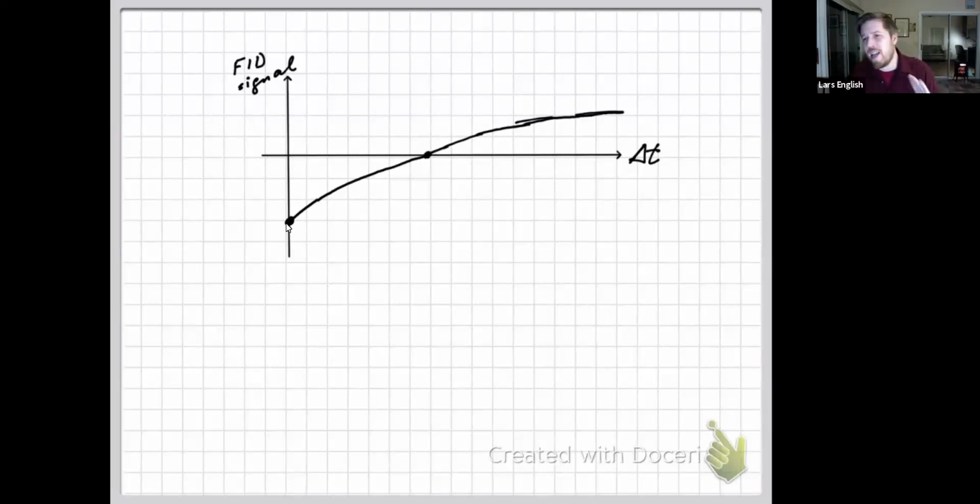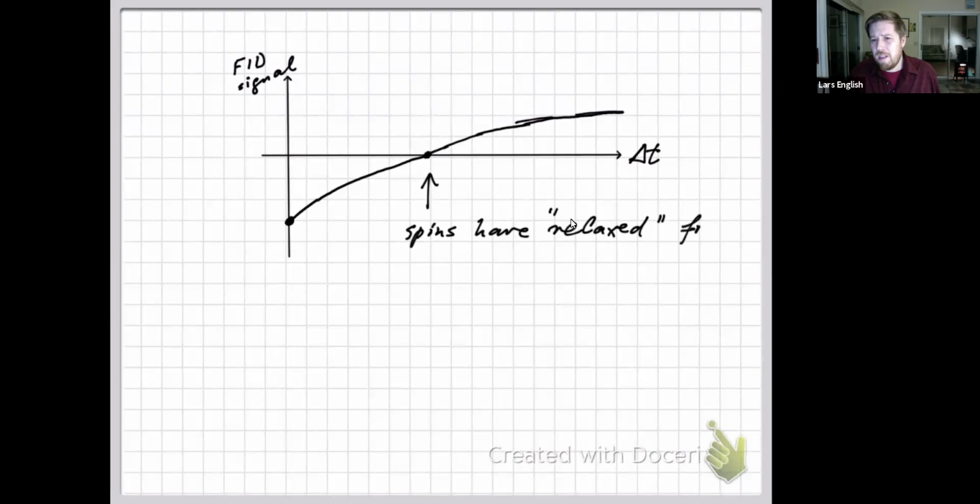This signal I can count negative and positive depending on what the phase of the signal is, but that's a minor detail. We'd expect a fairly strong signal here, but then as we increase that temporal separation between the two pulses, we'd expect a reduction in that signal.